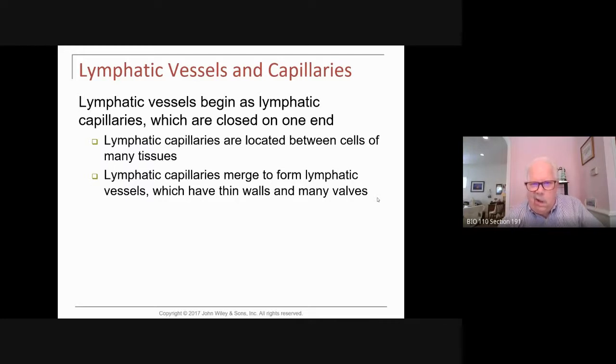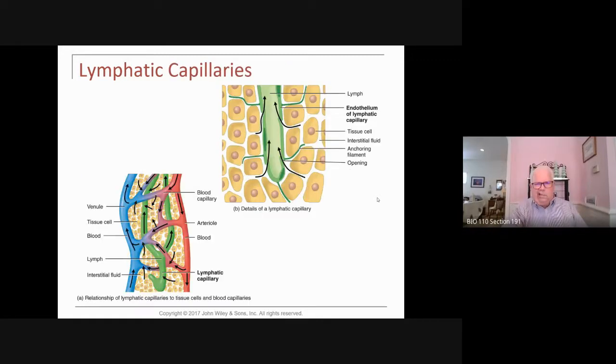It doesn't go backwards. It goes forward towards the heart. The lymphatic systems of the head drain into the chest. The lymphatic systems of the legs and the abdomen drain into the chest. So that is very, very important. It's a one-way system.